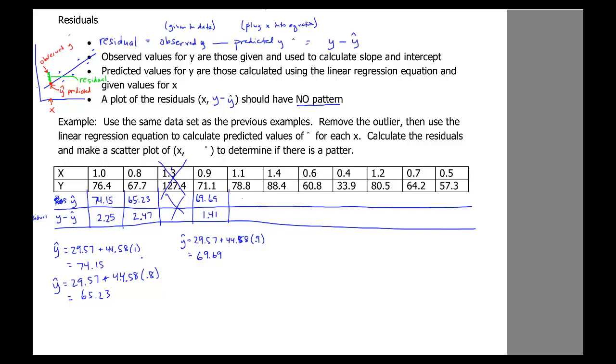So I'm not going to keep writing the equations out. I'm just going to fill out the rest of the table. So for the rest of them, this next one would get 78.61 if you plug in 1.1 for x, and if you subtract those, we get 0.19. Next one, when you solve for y, we get 91.98, and that gives us a residual of negative 3.58.